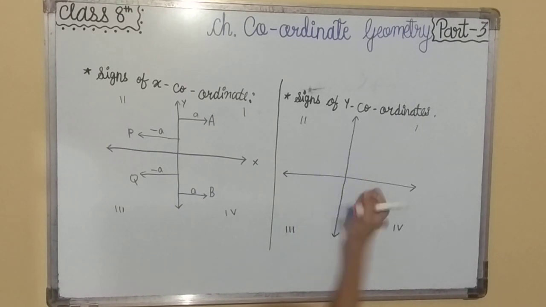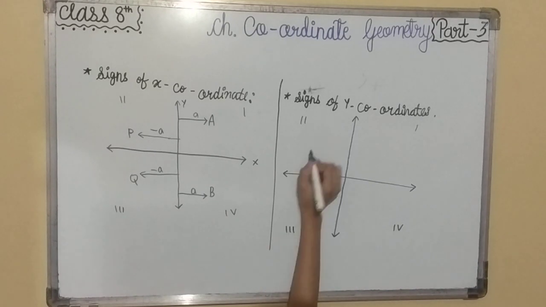This is the positive direction and this is the negative direction. Like this, we will draw the opposite arrows.